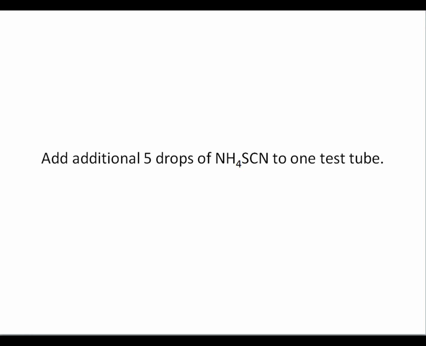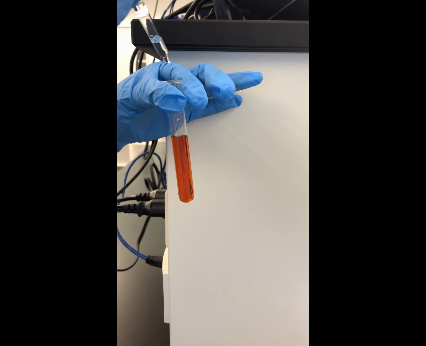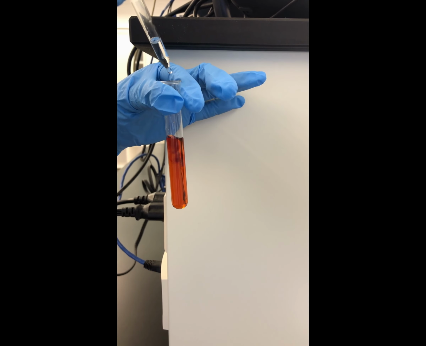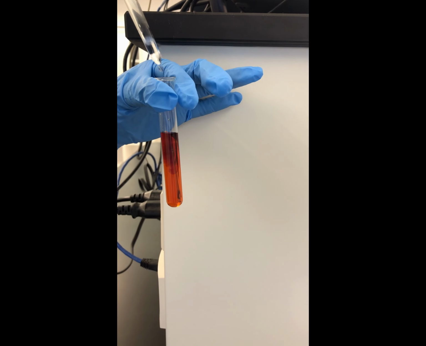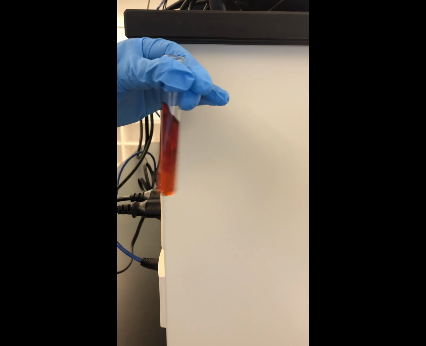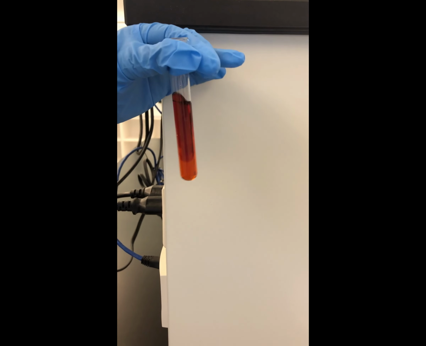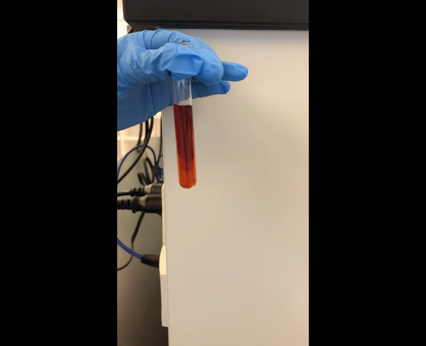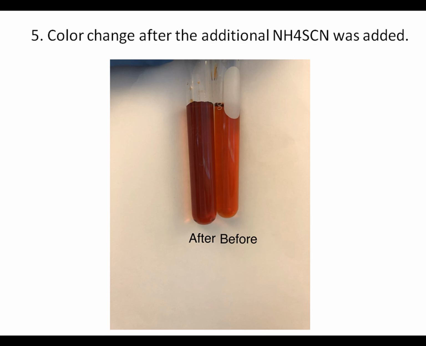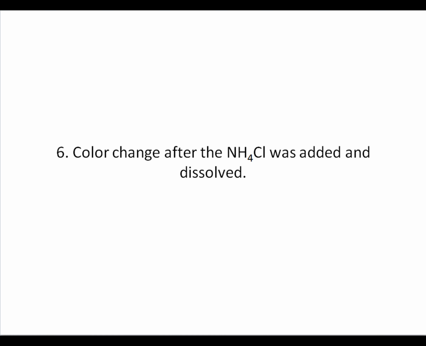Next, you're going to add an additional 5 drops of ammonium thiocyanate to 1 test tube. Number 5, color change after the additional ammonium thiocyanate was added. Number 6, color change after the ammonium chloride is added and dissolved.